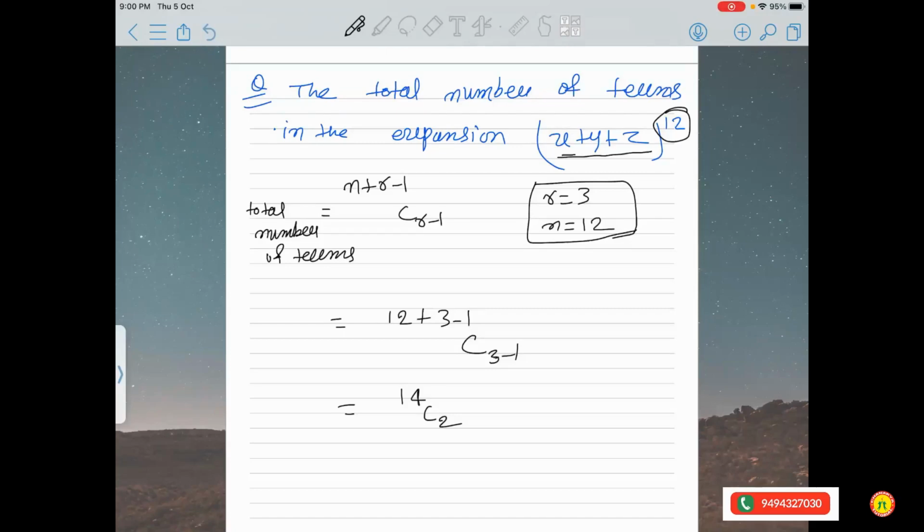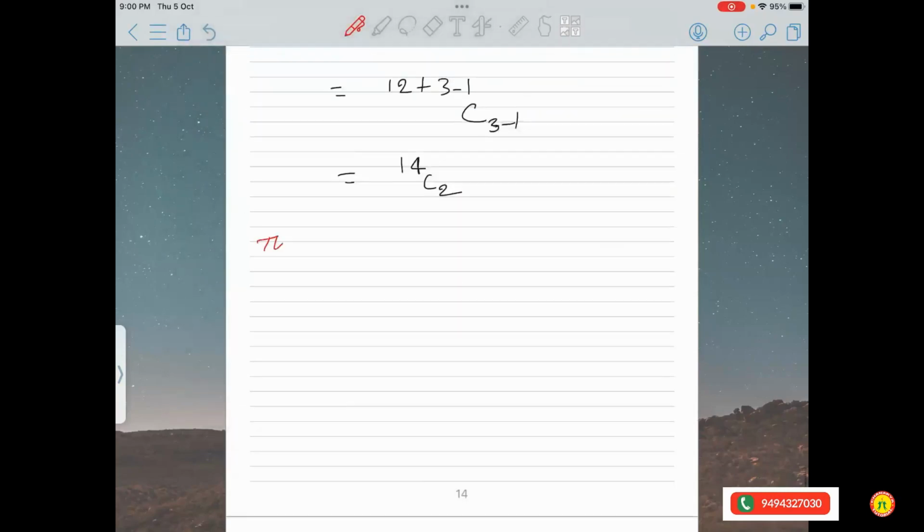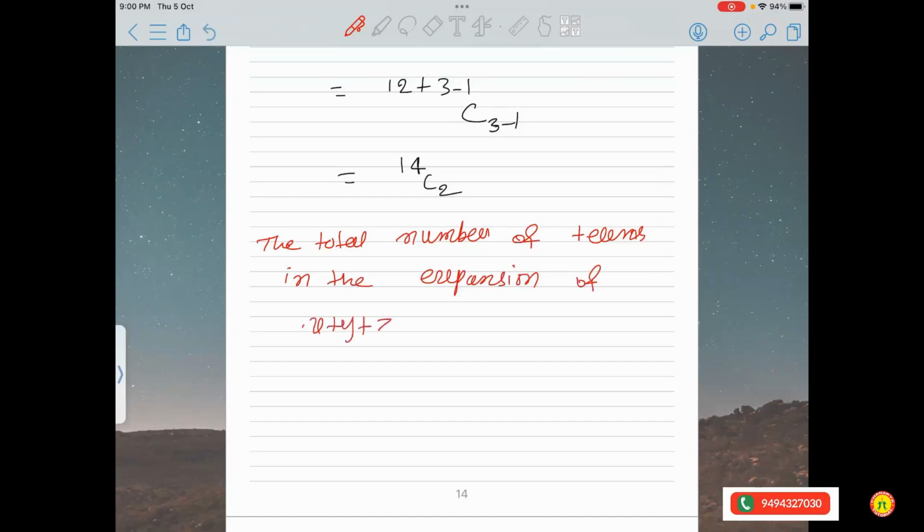Like another question: in the expansion of x plus y plus z plus 3w plus 4p, the whole power 15, the total number of terms will be?